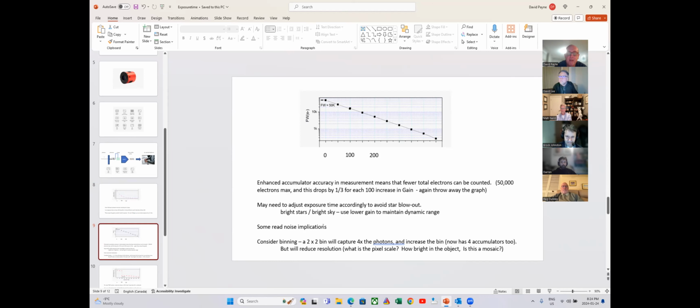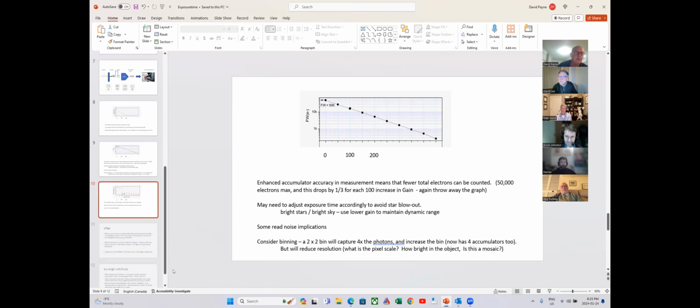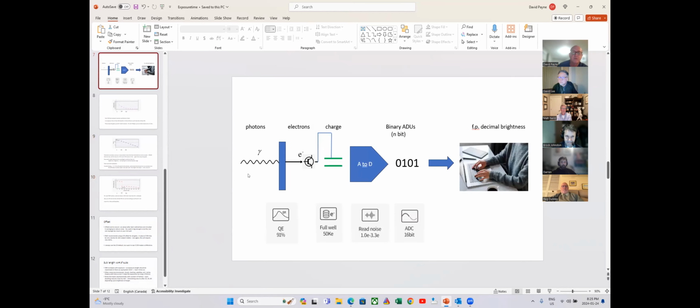What you're doing with binning, going back to our sort of camera picture, is if you imagine this blue thing is a single pixel, I'm counting this pixel plus a pixel that's next to it as a single pixel. So what I've done is I've increased the surface area that's being exposed to photons.